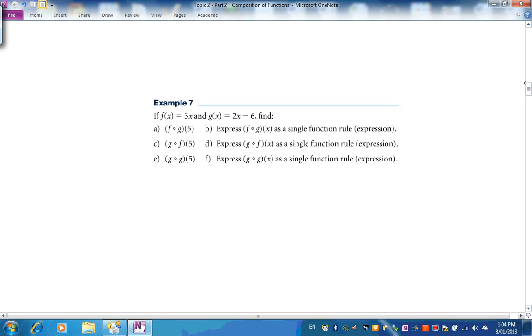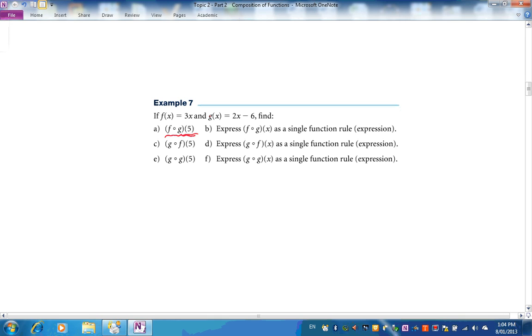So this time, instead of showing you the answers straight away, I'm going to get you to see what you can work out here. What is f operated on g of 5? Well, can you see you'll need to work out g of 5 first, get an answer, then put it in f.